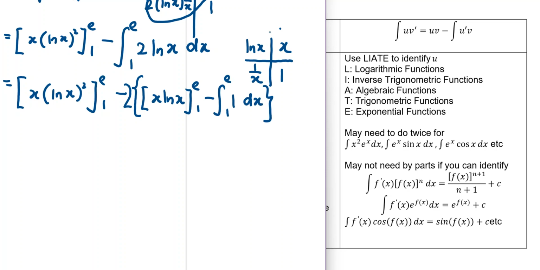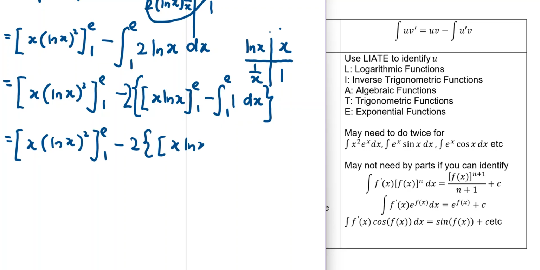So for the presentation part, you have to be very careful. Don't need to put in the limits first. Let's integrate nicely, and then later on maybe we can simplify. Okay, I have x ln x here from 1 to e, minus x from 1 to e down here.